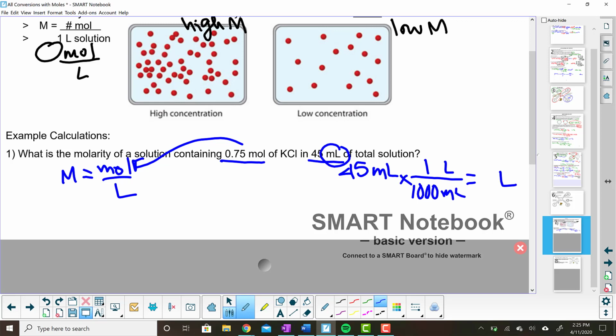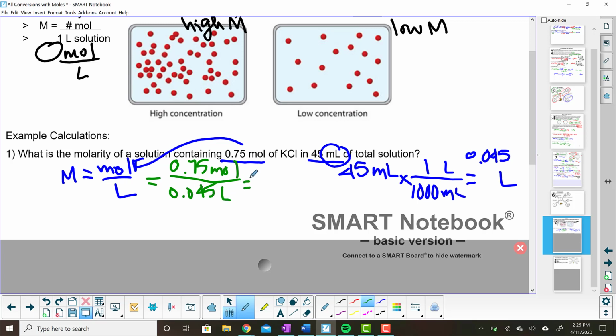So I have 0.045 liters of solution. Now that I know that, I can go back to my equation. Molarity is moles, 0.75 moles, divided by the liters of solution, which I just found, 0.045 liters.